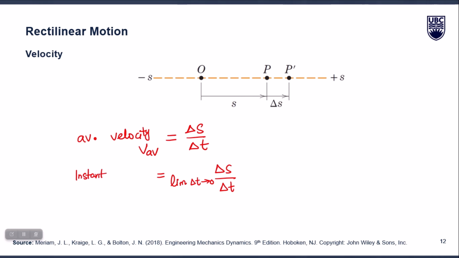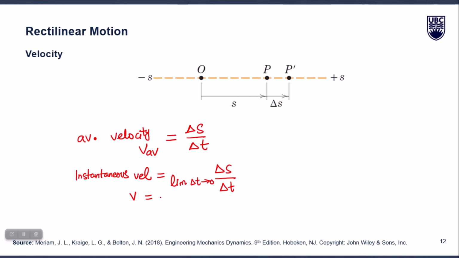And we will be using the symbol small v for instantaneous velocity, and we know mathematically that when you apply this limit delta t approaching 0, that actually is the first derivative of s with respect to time. So we will be using ds by dt for instantaneous velocity, right? Another symbol which we will be using for that is v is equal to s dot, right?